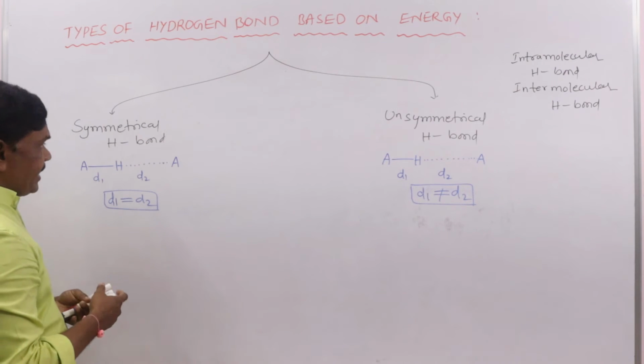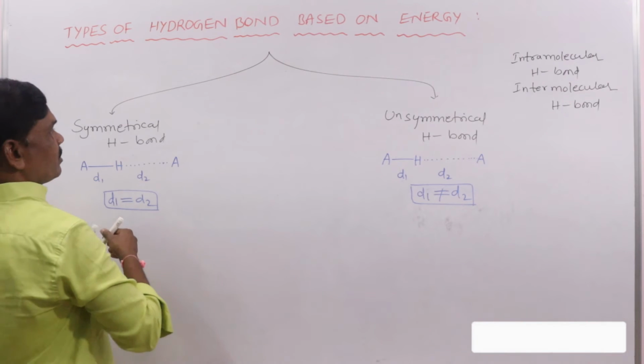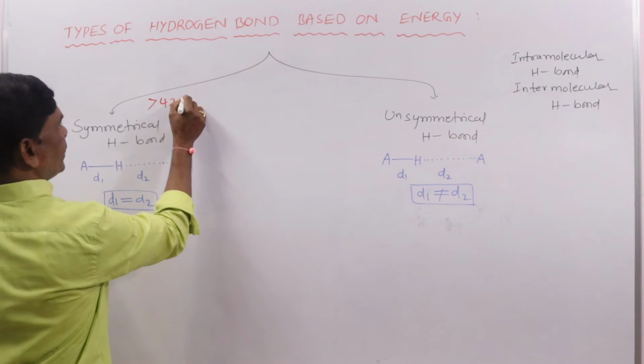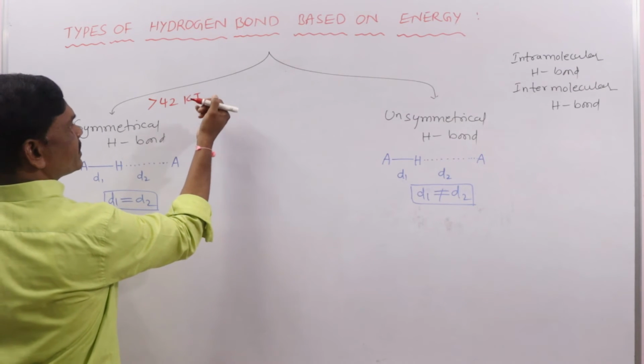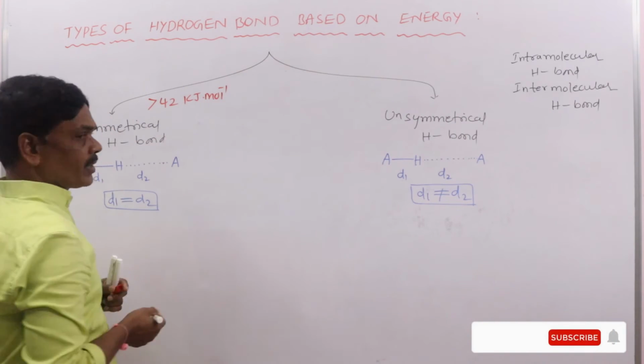In general, in the case of a symmetrical hydrogen bond, the bond energy is greater than 42 kilojoules per mole.